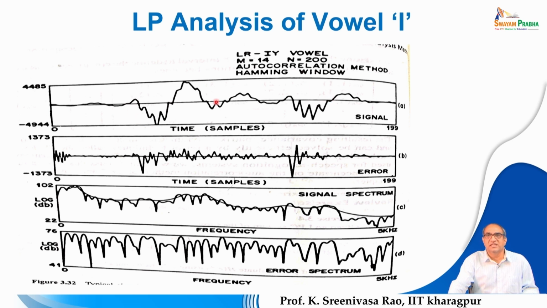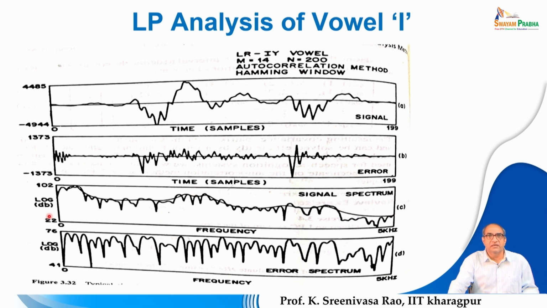The speech is a combination of the vocal tract response and the excitation signal, right. What we can attribute here is that the smoother spectrum, superimposed on the envelope of the speech spectrum, is mainly contributed by the vocal tract system.